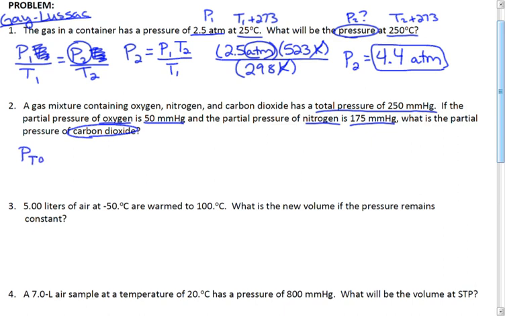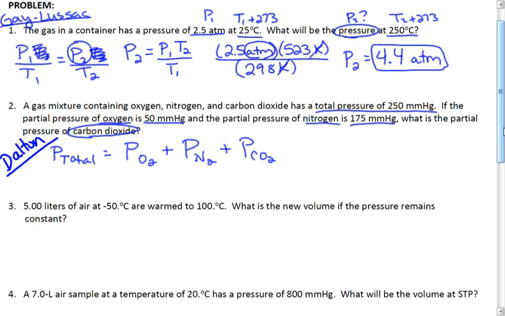So to find our total pressure, we're adding together three gases. We've got oxygen, we've got nitrogen, they're both diatomic, and then we've got carbon dioxide. This is going to be Dalton's law of partial pressures.